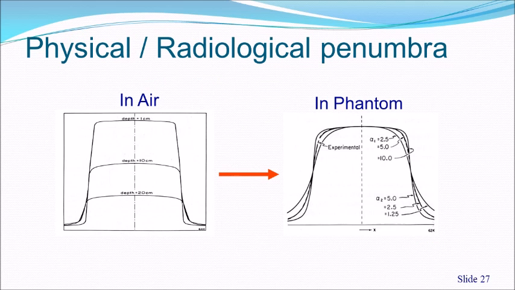You can note that if you do it in the air, a beam profile measured across the beam will be like this. But if you do it in phantom, you see the penumbra increases. So it was a very sharp edge here, but the edge is not very sharp. It is quite an unsharp edge you get when you do it in the phantom at various depths, right?